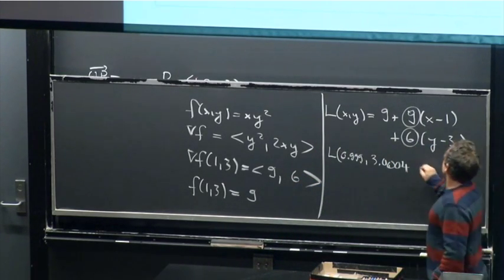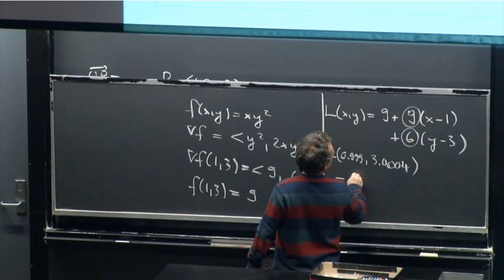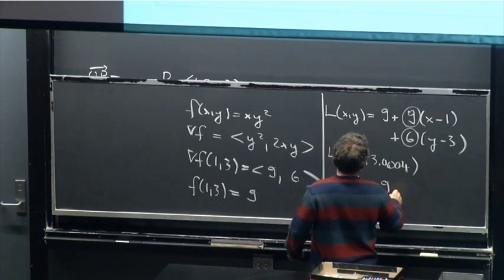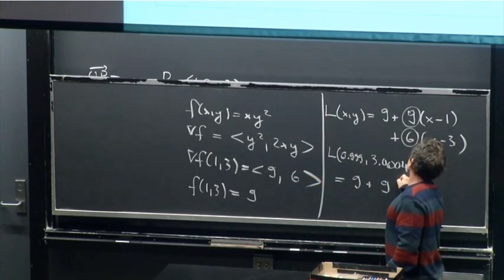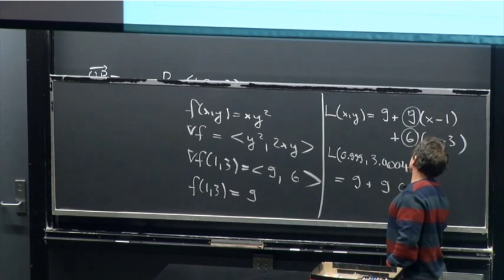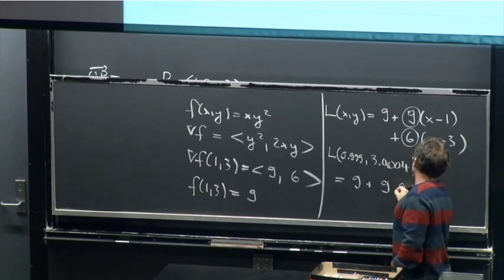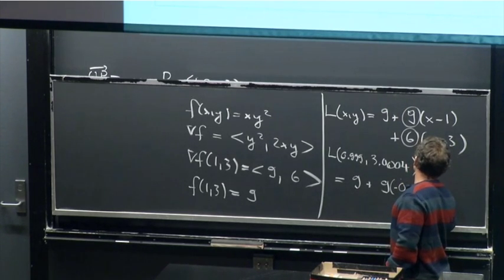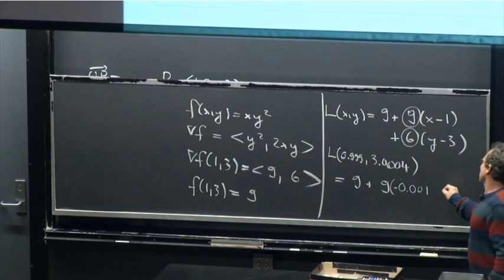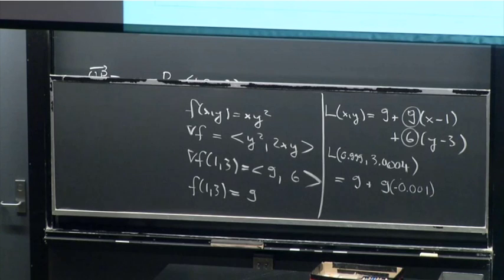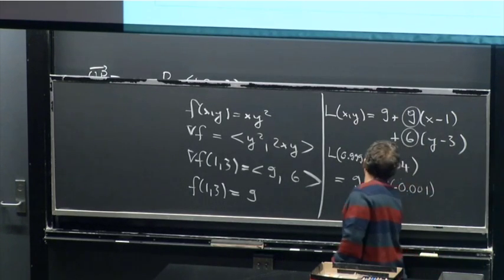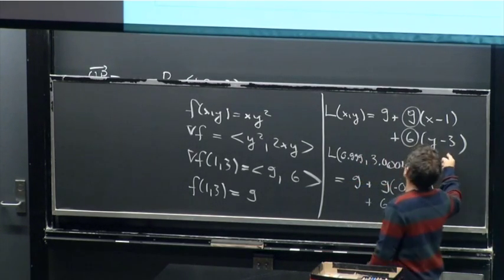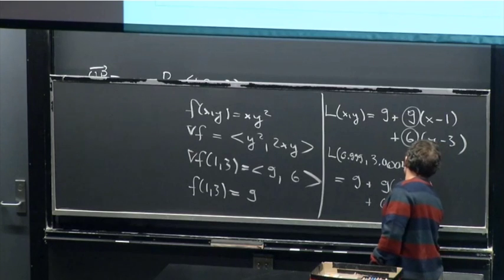In this case, we have 9 plus 9 times (x minus 1), which happens to be minus 0.001, and plus 6 times (y minus 3), which is 0.000004.